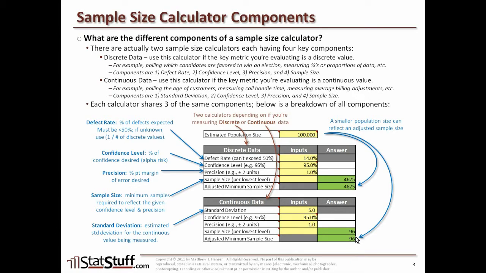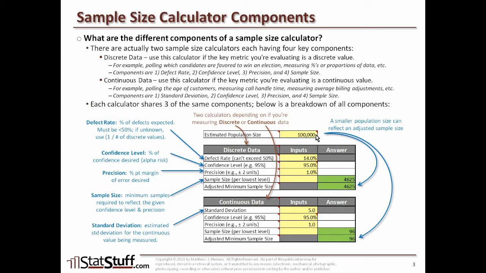But if you get beyond a certain point, for example, in this example here we've got 100,000 noted as our estimated population size, and if you notice, both the sample size and the adjusted minimum sample size are equal in both of these calculators. Well, now I can add extra zeros to this population size. Instead of 100,000, I can make it 1 million, 10 million, 100 million, or 1 billion, or 1 trillion, it doesn't matter.